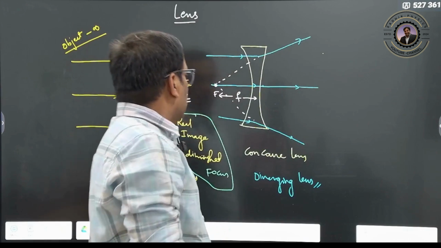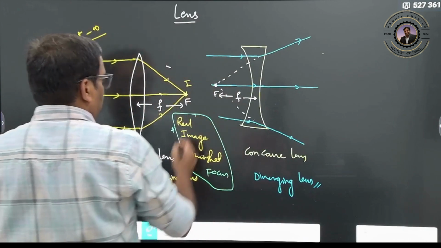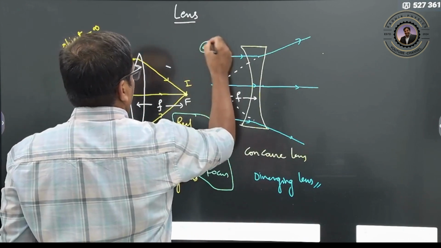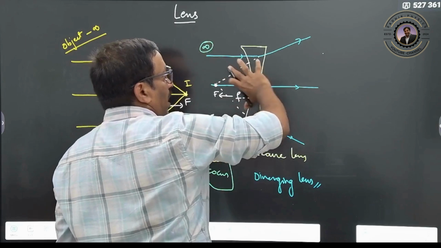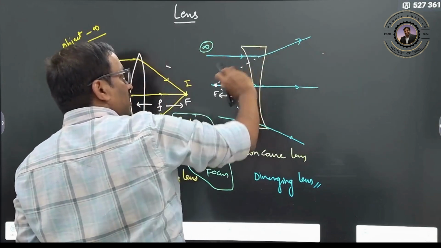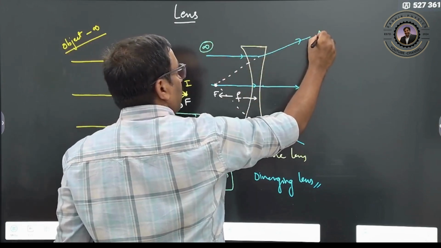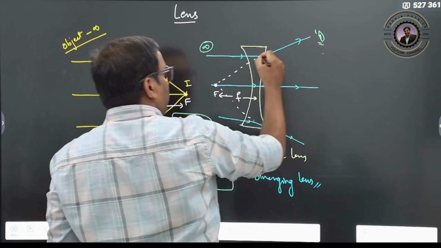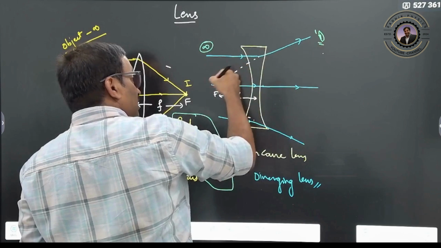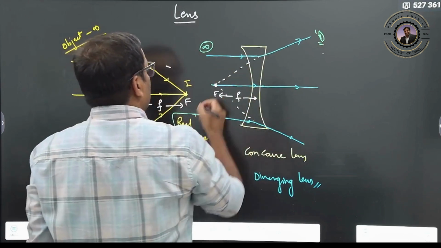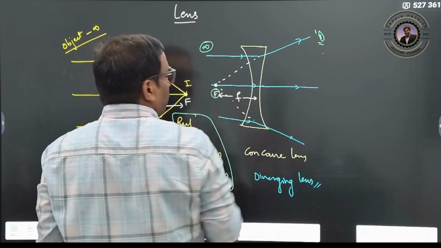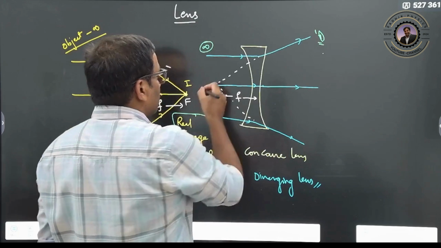So for this one, if you keep an object at infinity, where is the image created now? Here, infinity light rays are coming parallel, diverging. These light rays appear to be coming from here. Really these light rays are not formed at this point. At this point we can call it the principal focus.